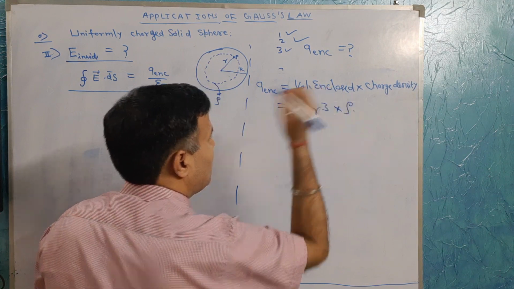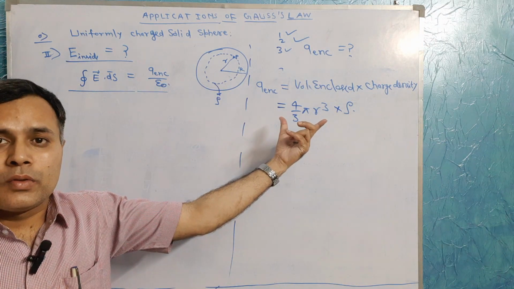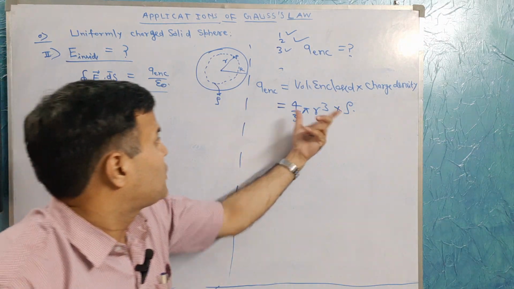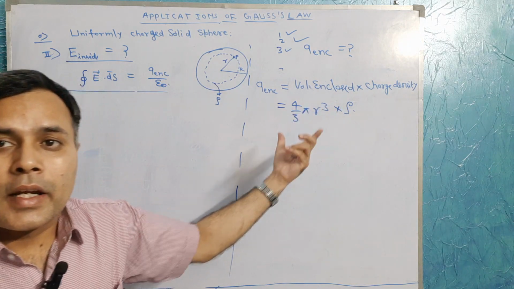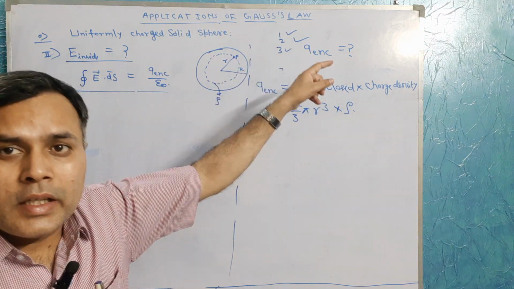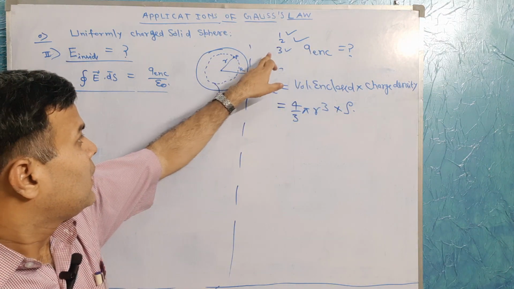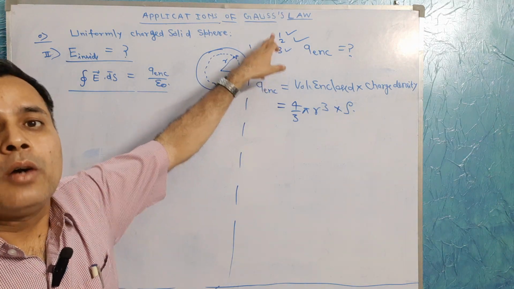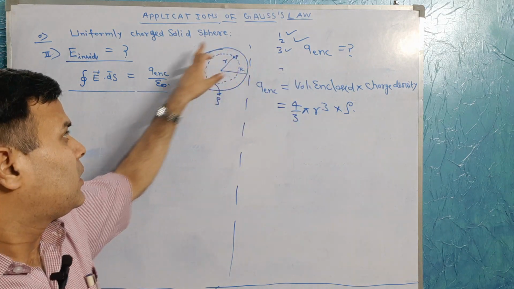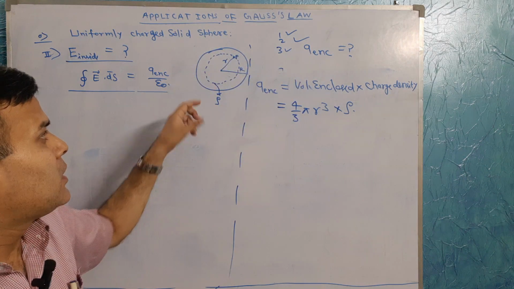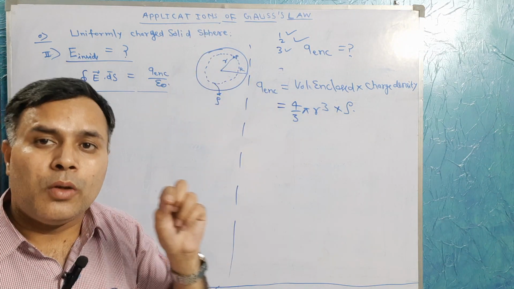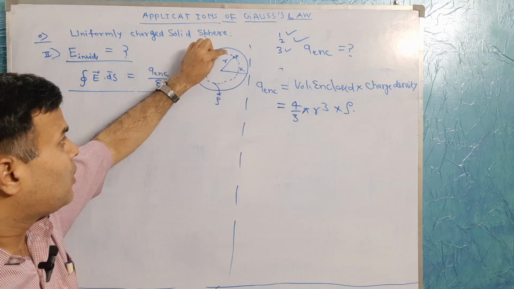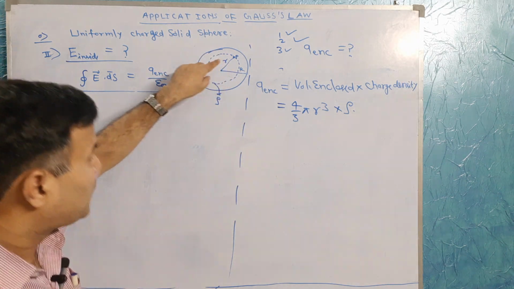So this much amount of charge enclosed, which is the expression of charge enclosed in this case, is entirely different from the earlier case, because in the earlier case we found the electric field at a point P which is outside, and we drew the corresponding Gaussian surface, and the charge enclosed in that case is simply Q. But in this case we want to find the electric field inside the real sphere.